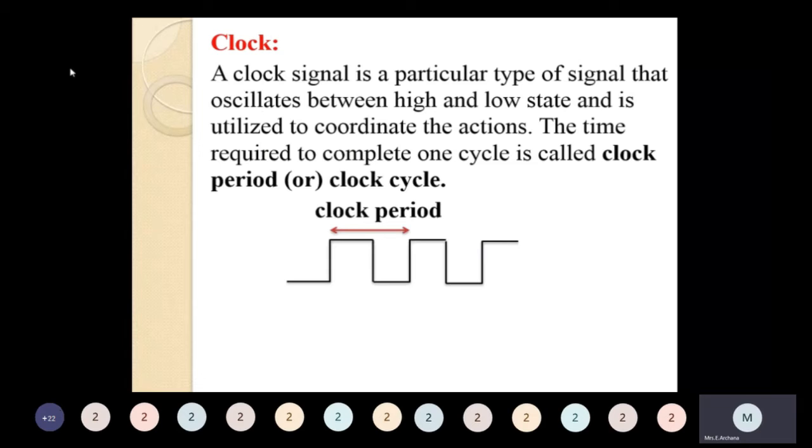In this figure, it starts at the high state, goes to the low state, and again goes to the high state. The time required for this one complete cycle is called the clock period or clock cycle.